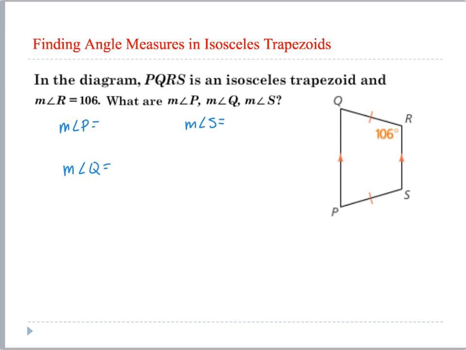So since it's on the side, R is congruent to S, and P is congruent to Q. All right, so since R and S are congruent, if R is 106, then S is also 106.